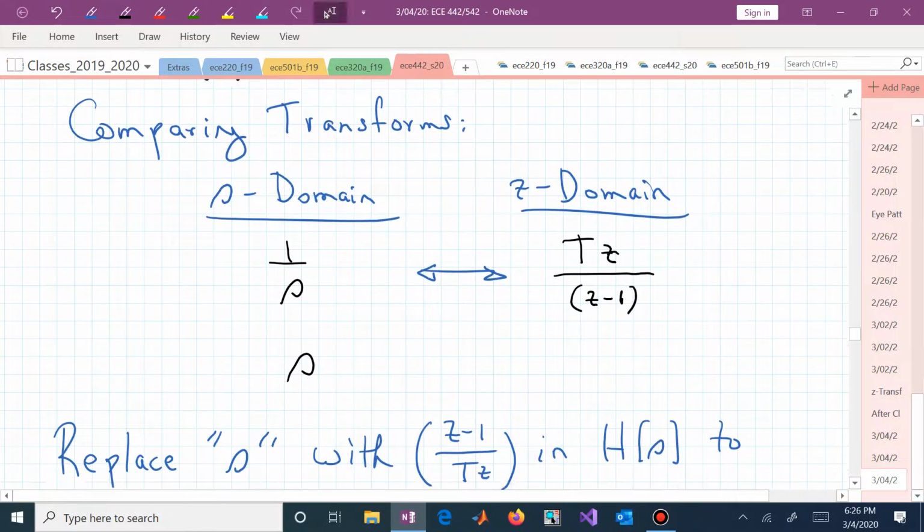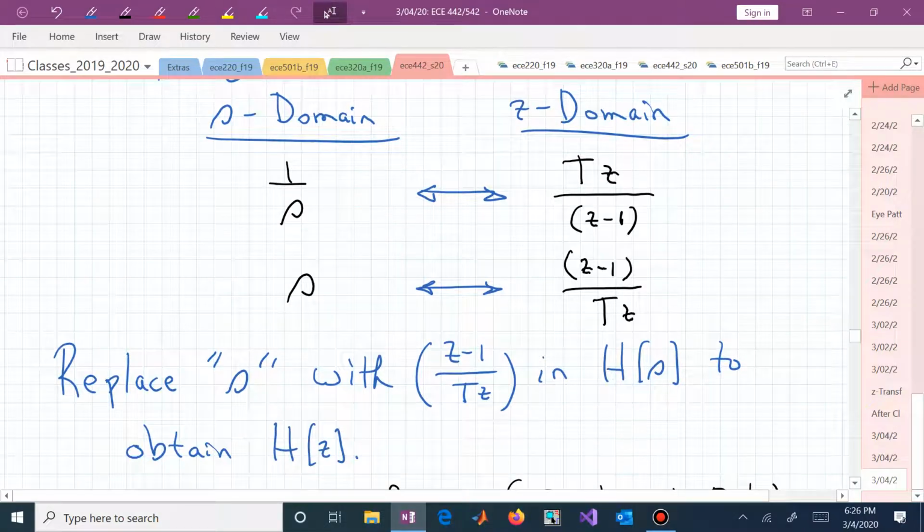Now let's get off our heads. If we were standing on our heads, let's take the reciprocal. Now we have z minus 1 over Tz. So that now, if we had an H of s, everywhere we have an s, we replace it with this expression for the backward approximation, z minus 1 over Tz.